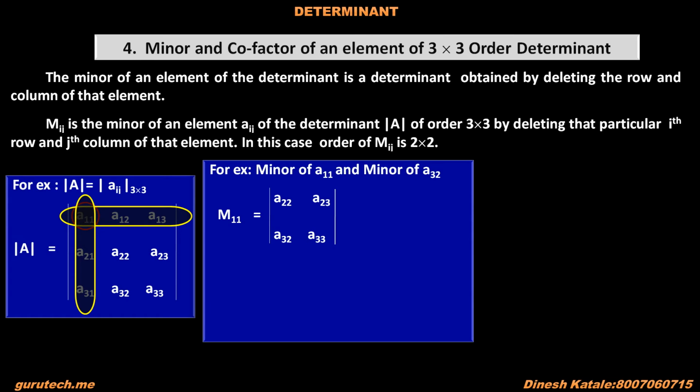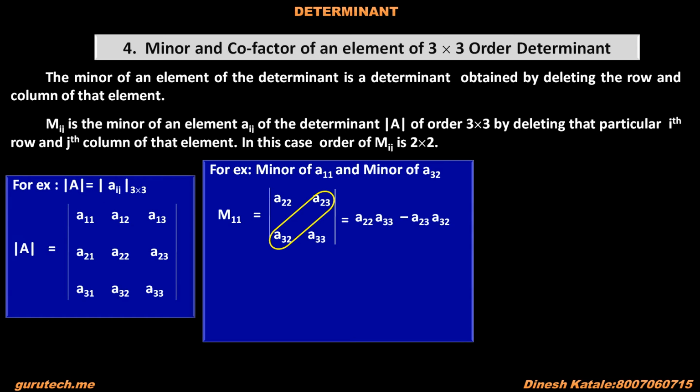This minor M11 contains 4 elements: A22, A23, A32 and A33, means determinant of order 2. The value of minor M11 is the value of its determinant and is equal to A22 into A33 minus A23 into A32.